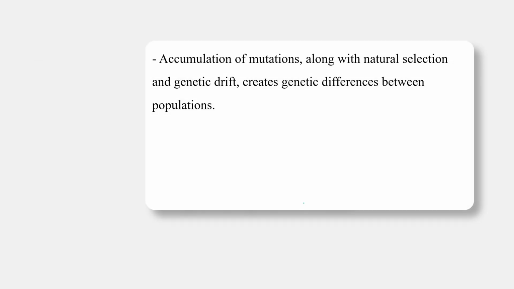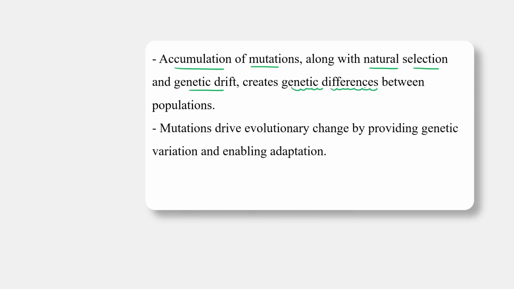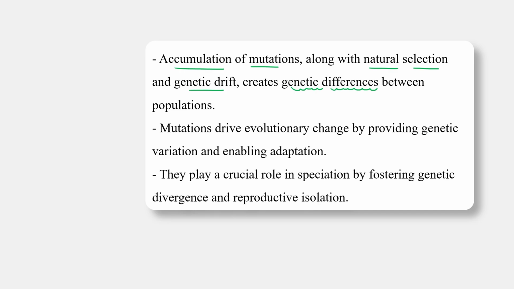Accumulation of mutation, along with natural selection and genetic drift, creates genetic differences between populations, and this is how new speciation can occur. So mutation drives evolutionary change by providing genetic variability and enabling adaptability. Mutation plays a crucial role in speciation by fostering genetic divergence and reproductive isolation.